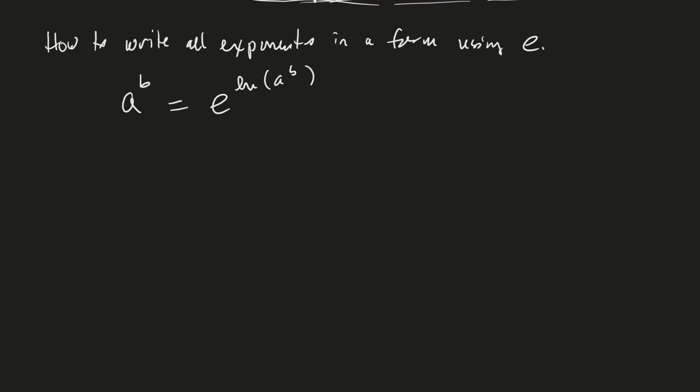And why would I do that? It's because what happens in the exponent is that you end up multiplying b times the natural log of a in the exponent. And so exponentiation of a base to an exponent turns out to be multiplication, just normal multiplication in the exponent for the exponential function.